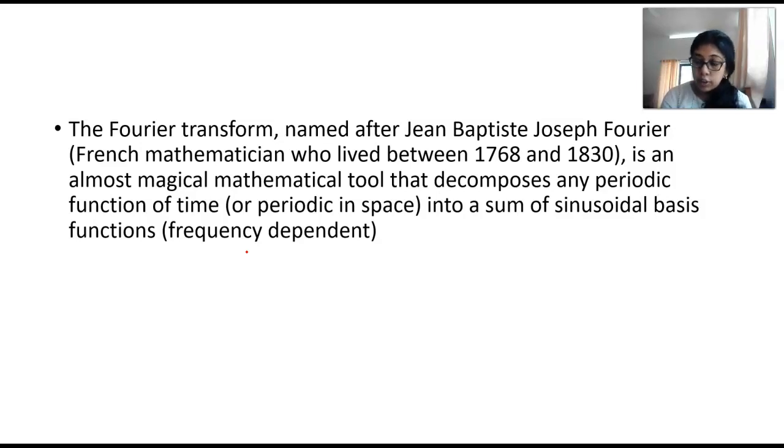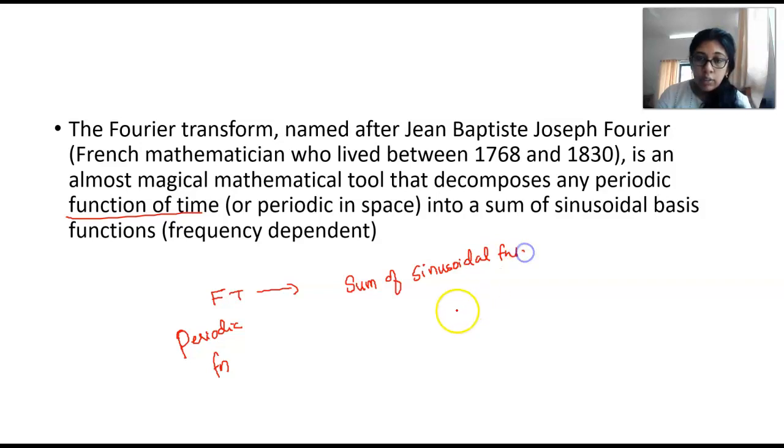So upon FT transformation, what you will get is, initially, a periodic function which is time dependent, a function of time, and this would be converted to a sum of sinusoidal functions which are frequency dependent.